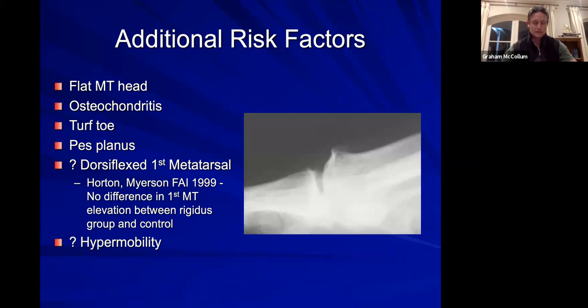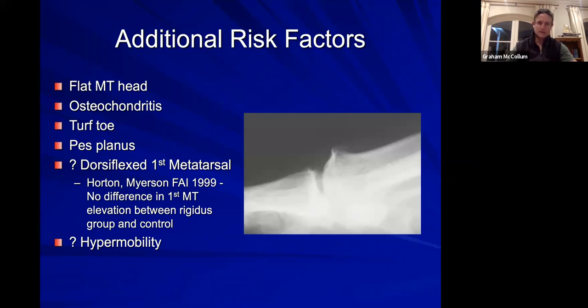People with pes planus or flat feet have a much higher incidence of Hallux elevatus and Hallux rigidus. And some people have hypermobility. A number of times I've examined someone with very early stage MTP joint arthritis, and you do the draw test, and you can really see they have significant sagittal instability, and we all know cartilage doesn't like load under shear, so if you have an unstable joint. And then obviously secondary to a turf toe, it kind of covers most of the etiologies.